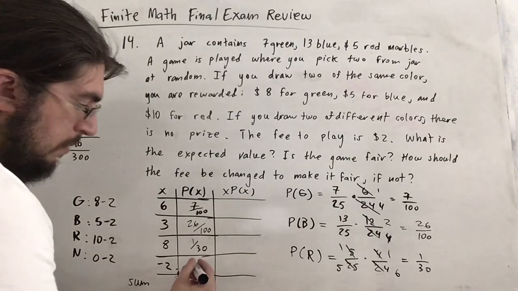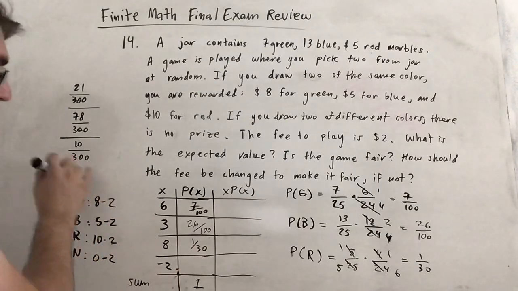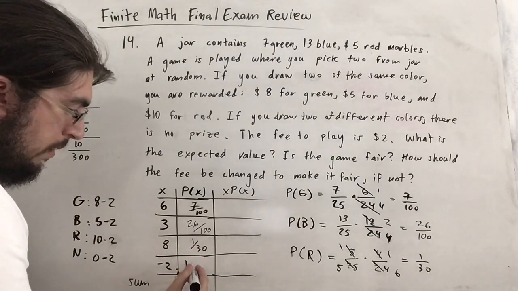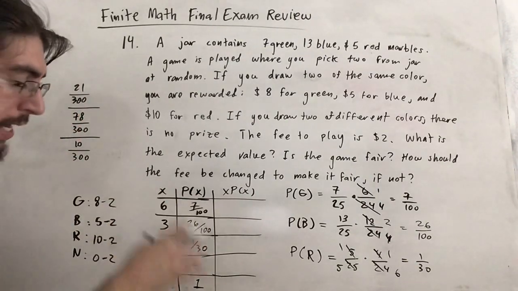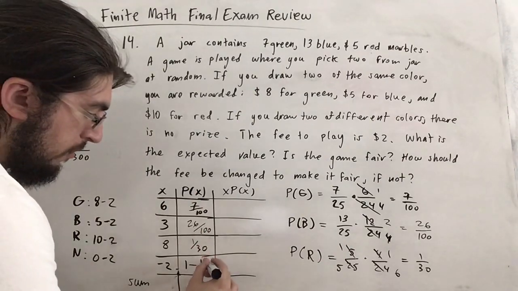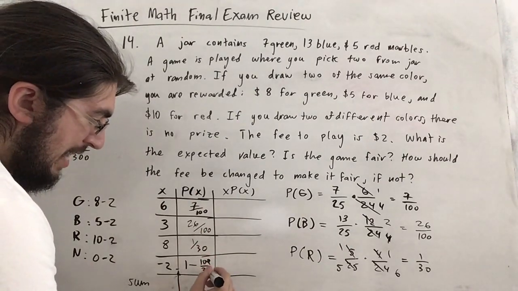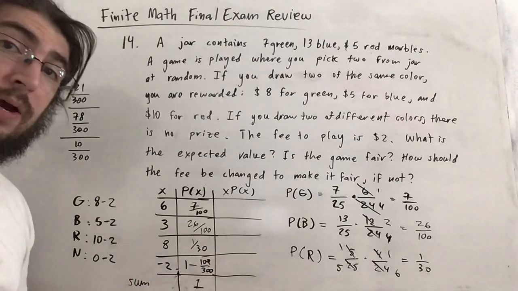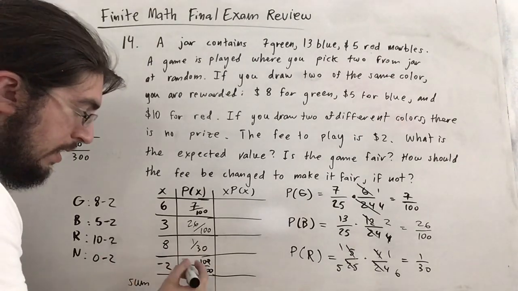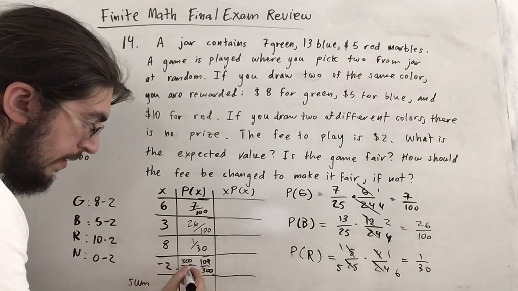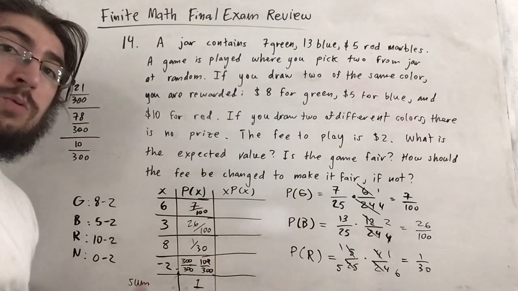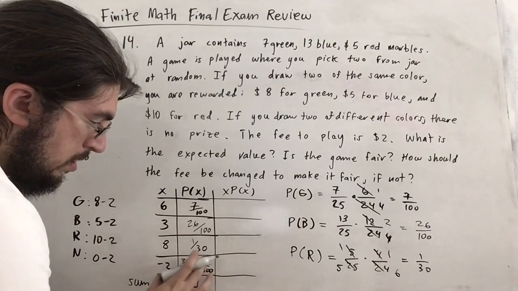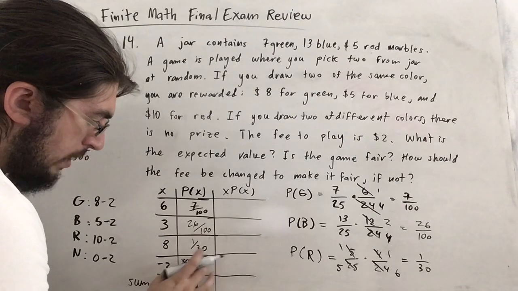So the next thing here is going to be 1 minus these added, which is 109 over 300. And I'm going to erase this and actually write out what the answer is, because of course 1 is 300 over 300. So 300 minus 109 is, what's that, 181? 191, it's 191.